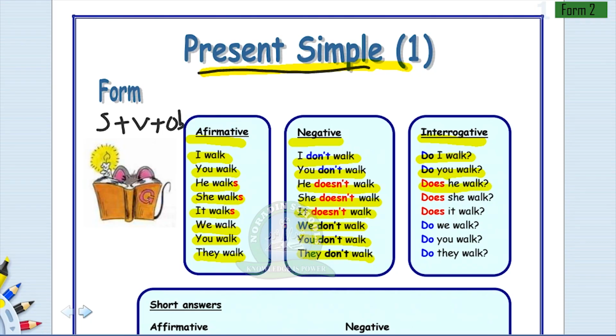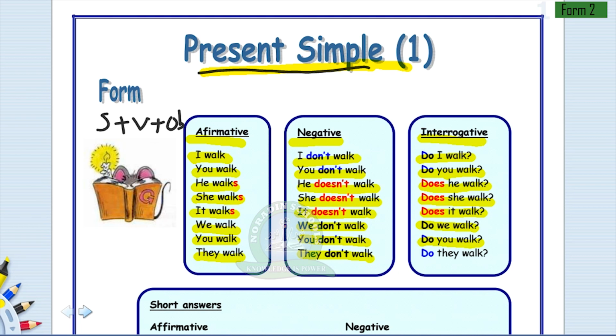In here we have does he walk, does she walk, does it walk, do we walk, do you walk. Here we have two yous. This one is singular, while this one is plural. You Abdurrahman, or you Ali, or you students.